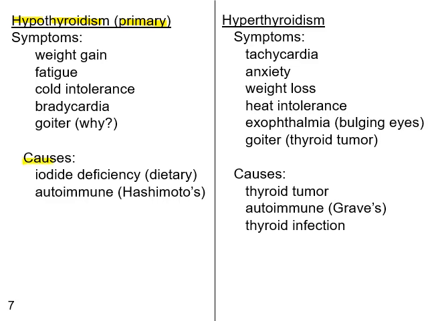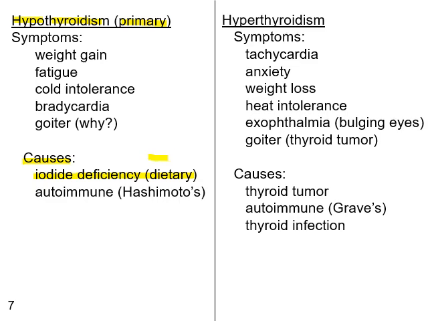The causes of primary hypothyroidism, there are two major causes. One is not getting enough iodide in the diet. If you have a diet that is deficient in iodide, then your thyroid glands can't produce thyroid hormone. And there might be nothing wrong with your cells, but if they don't have the iodide, they can't make thyroid hormone.